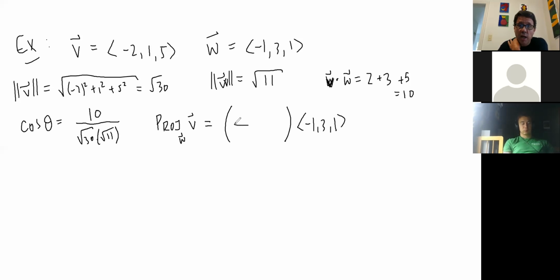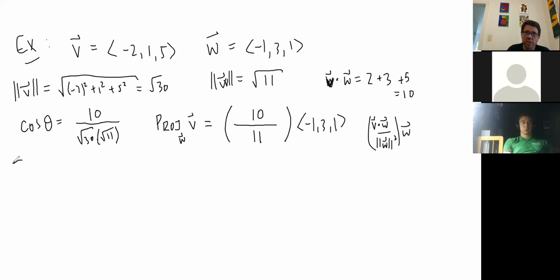What goes inside is the dot product, which is 10, divided by the length of W squared, which is 11. I know it's a lot to remember there. That's V dot W over the length of W squared. That's the number, and then you just multiply that by the vector W. So you get negative 10 11ths, 30 11ths, and 10 11ths is your projection formula there.